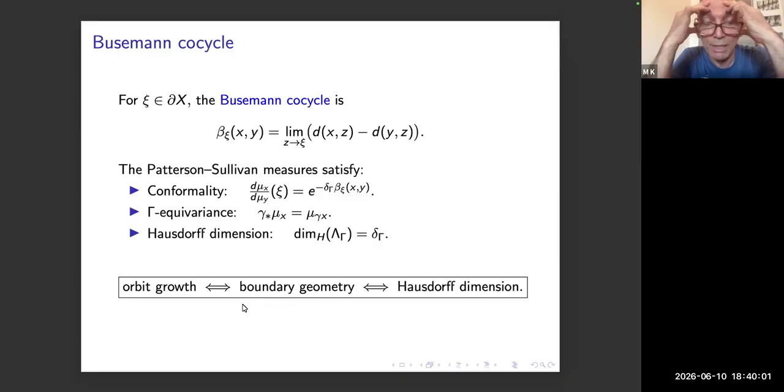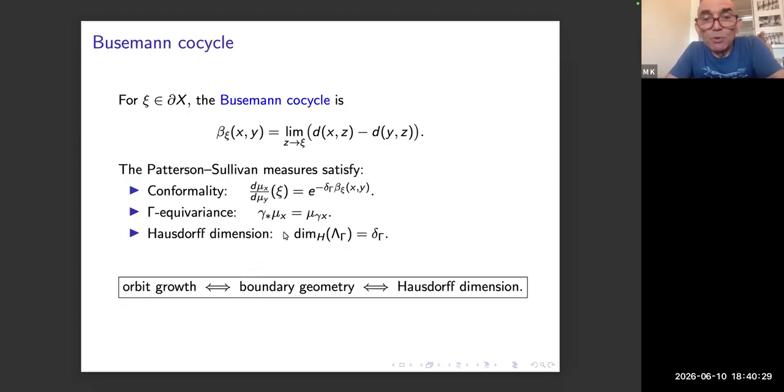Lott took this Patterson-Sullivan theory and put it in this non-commutative context of cross-product algebras and KMS states. We'll see how this carries over to the Berkovich setting.